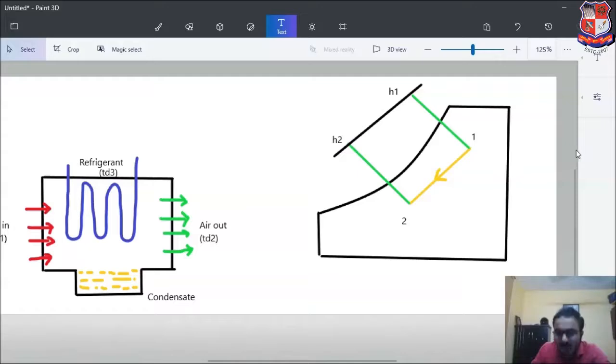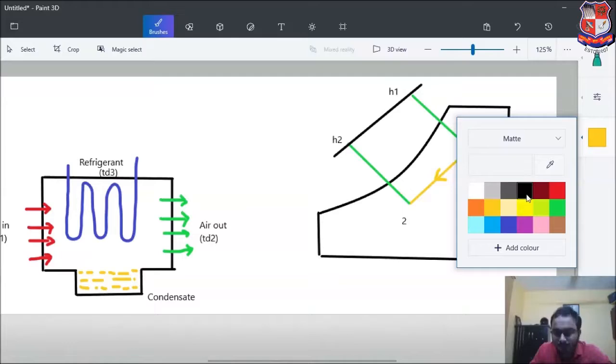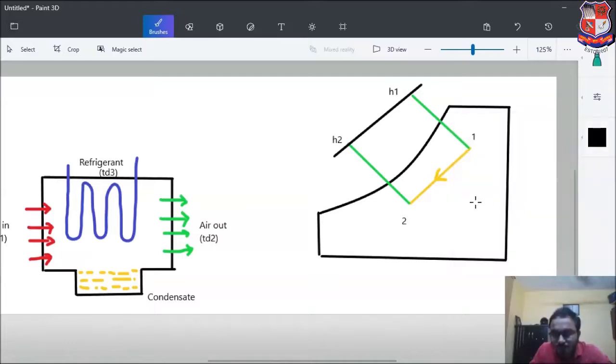We should also show the point number 3 in this case, which will be taken here.